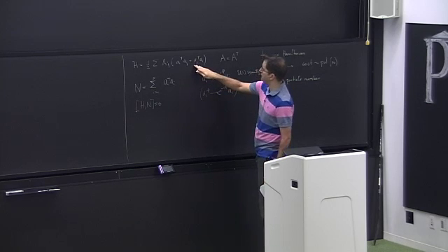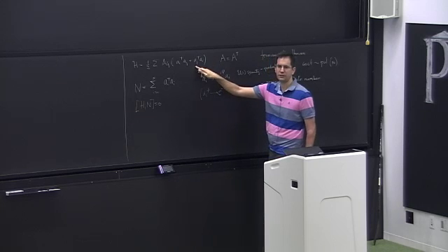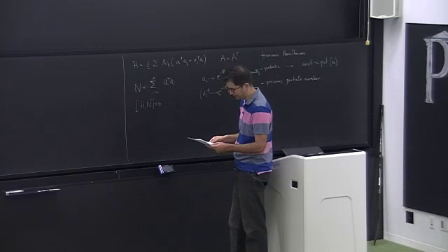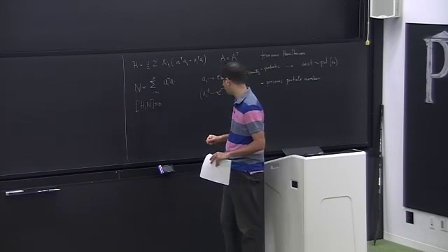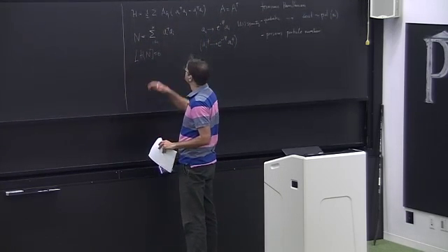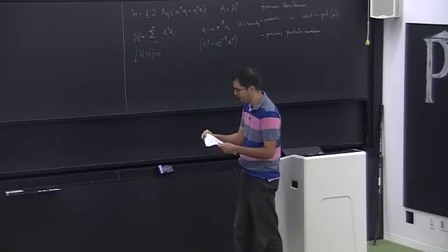In other words, whenever you see any term in this Hamiltonian such that it destroys a particle and it creates another one, the Hamiltonian does not change the total number of particles. In particular, that means that the ground state of this Hamiltonian, if it's unique, if it's non-degenerate, will have a well-defined particle number.